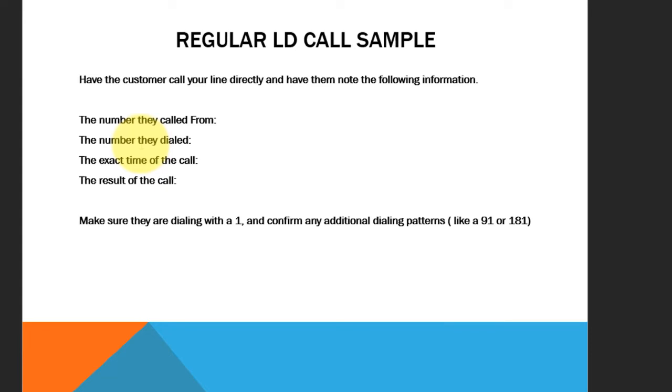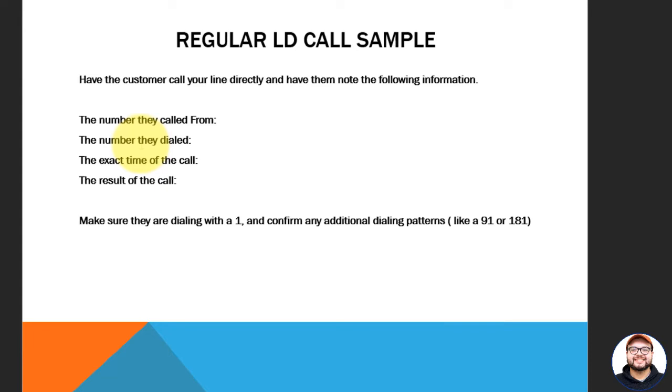Some sites may just dial 1 and then the full phone number if they're calling a long distance number. Some sites may have to dial 91 and then the 1 and then the phone number. Or some sites have to dial 181 and then the phone number.